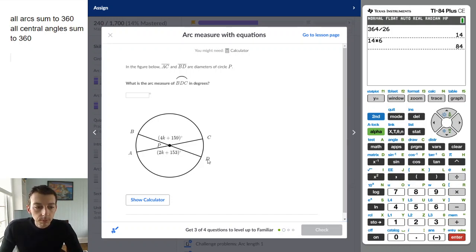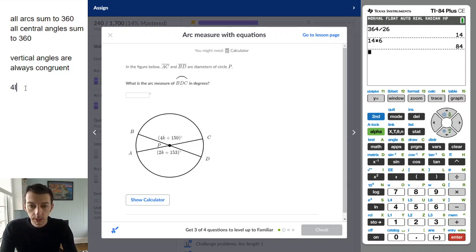Looking at these two, I have vertical angles. Remember that vertical angles are always congruent. These two expressions must be congruent because these angles are vertical angles here in the circle. So I should be able to say 4k plus 159 is equal to 2k plus 153.